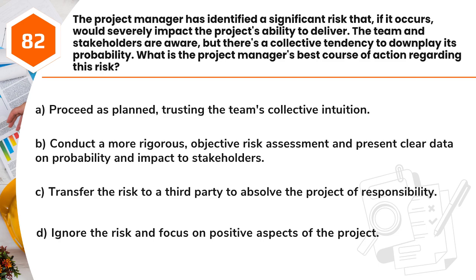A. Proceed as planned, trusting the team's collective intuition. B. Conduct a more rigorous, objective risk assessment and present clear data on probability and impact to stakeholders. C. Transfer the risk to a third party to absolve the project of responsibility. D. Ignore the risk and focus on positive aspects of the project.